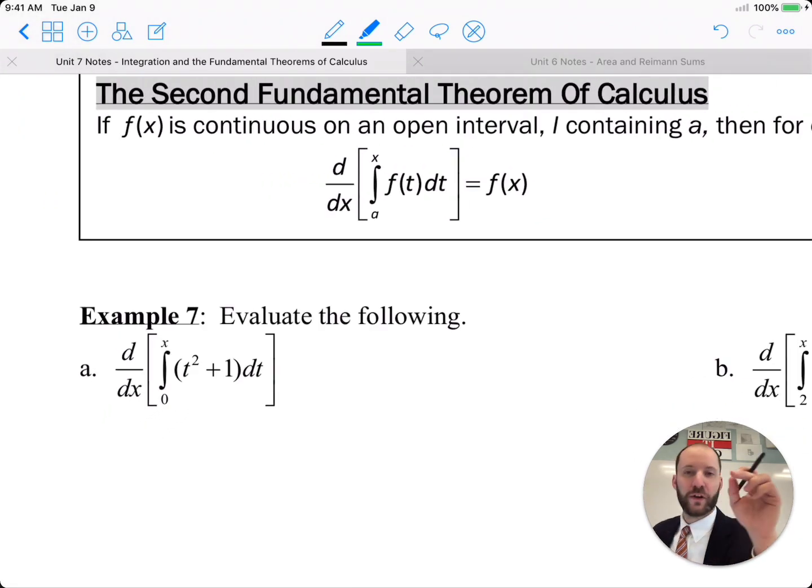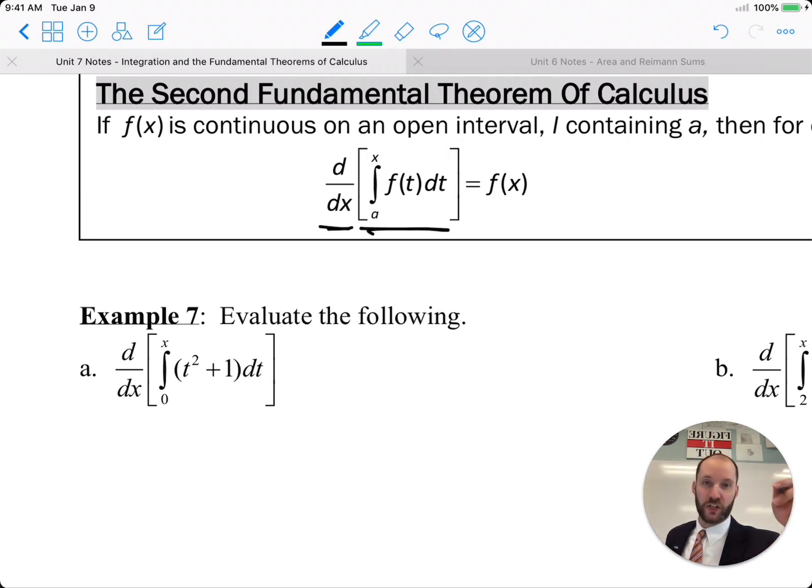Now the second fundamental theorem of calculus, the actual theorem, states when you take the derivative of an integral defined function, the derivative and the integral, the antiderivative, are inverses. They cancel out, leaving you with only f of x, just your upper bound, which is the function defined. So let's look at how that happens, okay?